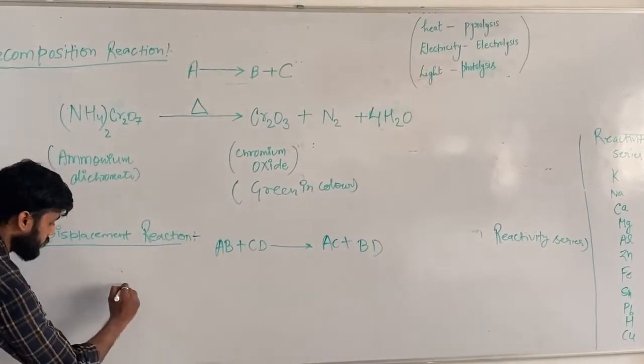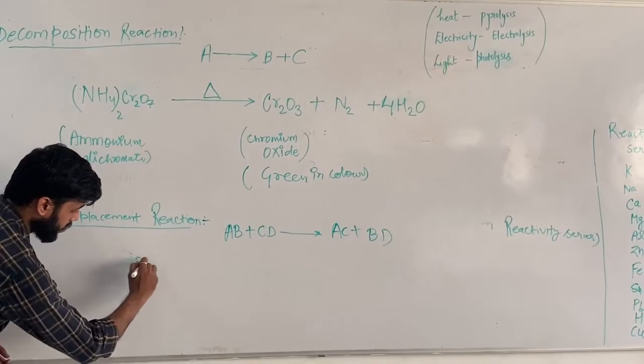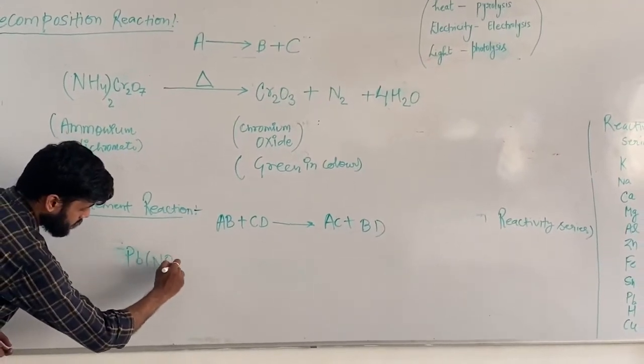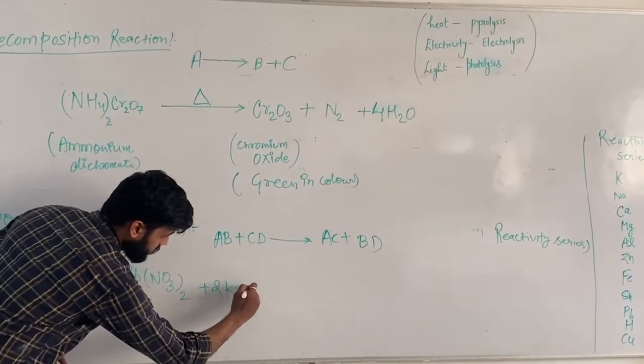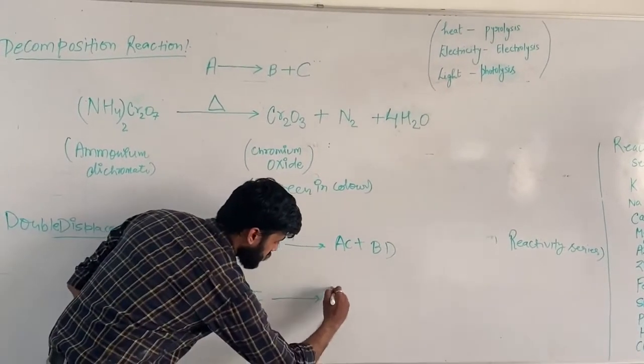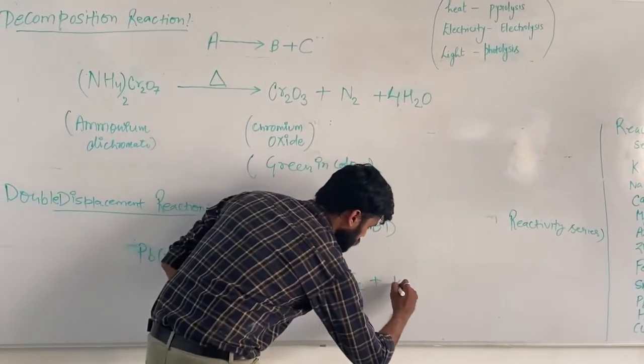For example, when lead nitrate reacts with potassium iodide, it will give lead iodide and potassium nitrate.